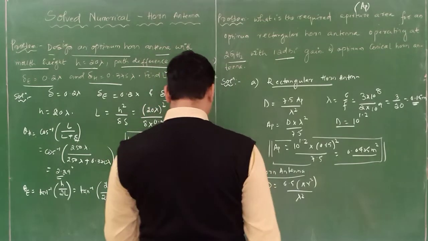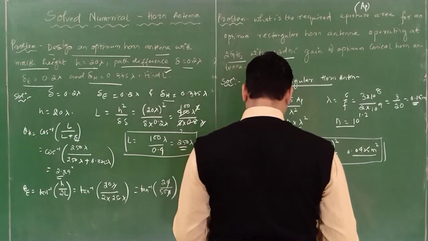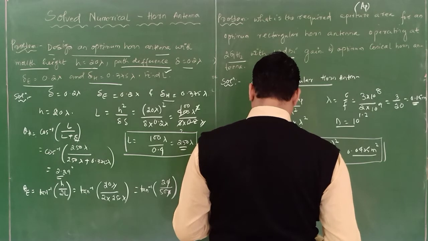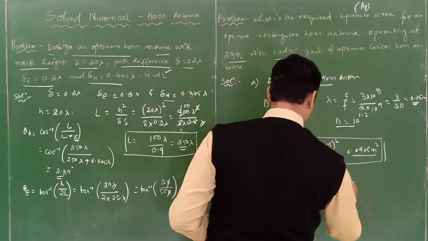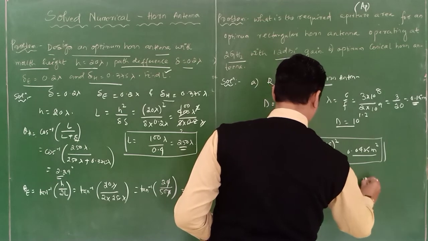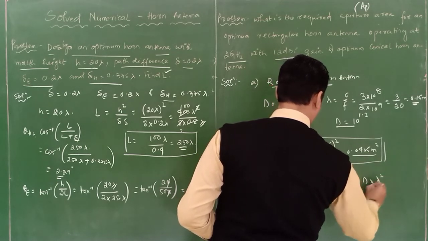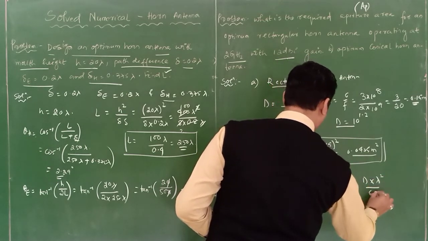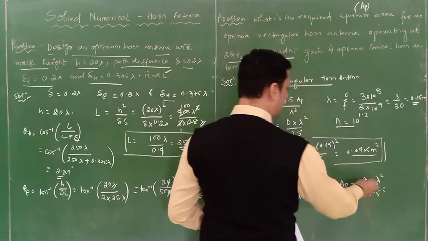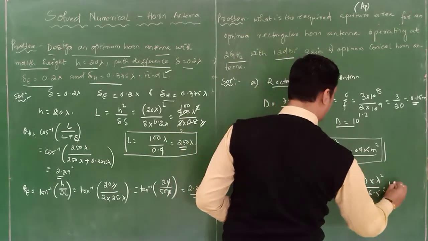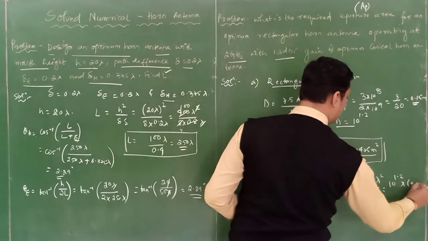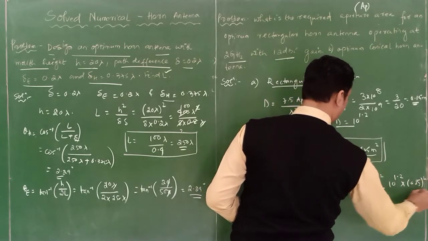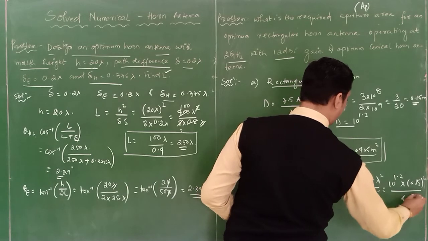Okay. So for this, AP is equal to D into lambda square divided by 6.5. Okay. So our D is how much? 10 to the power 1.2. What is lambda square? It is 0.15 whole square and divided by 6.5.